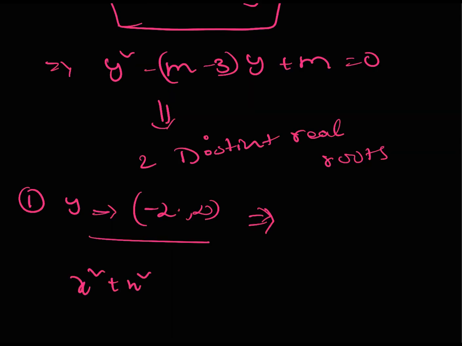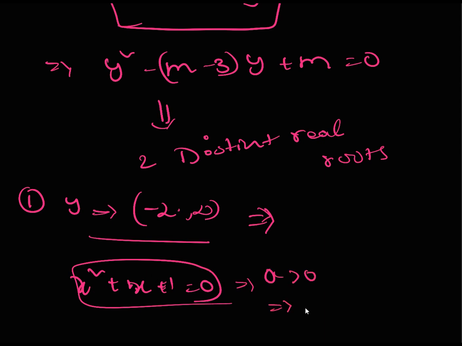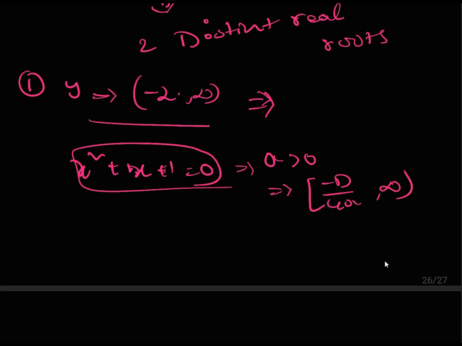x square plus x plus 1. We have to find the range of this expression. We know that if a is greater than 0, the range will be minus D by 4a to infinity. Therefore, D equals b square minus 4ac, that equals 1 minus 4, which is minus 3.